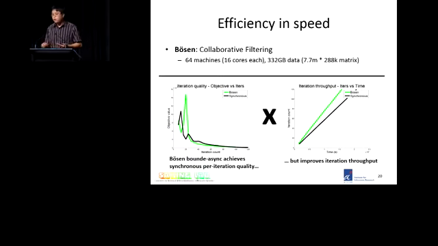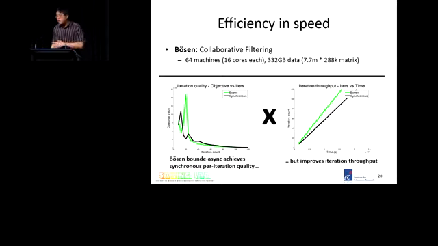So on about 64 machines with 330 gigabytes of data, what we see is that the Bosen bounded asynchronous parallel system, if you look at the graph on the left side, that's the objective versus iteration count graph. And what this is trying to show is that for the same number of iterations, the progress, the convergence, is roughly the same, meaning that the cost of applying this bounded asynchronous parallelism is not much higher than, say, totally synchronous execution.